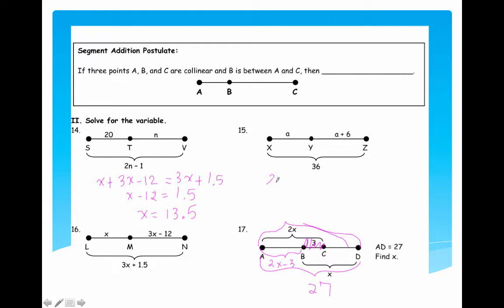So that means 2x minus 3 plus x, so now I'm doing this part and this part, equals 27, because that's what the whole AD is. So 3x minus 3 is 27, 3x is 30, so x is 10.